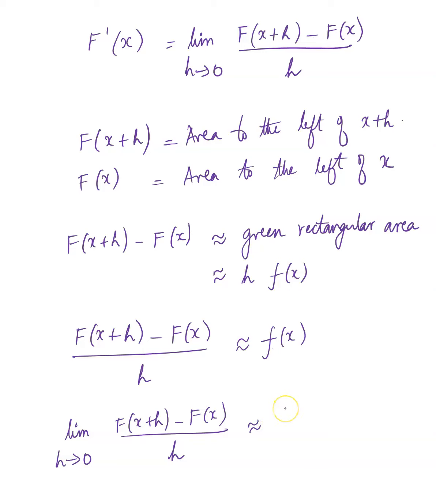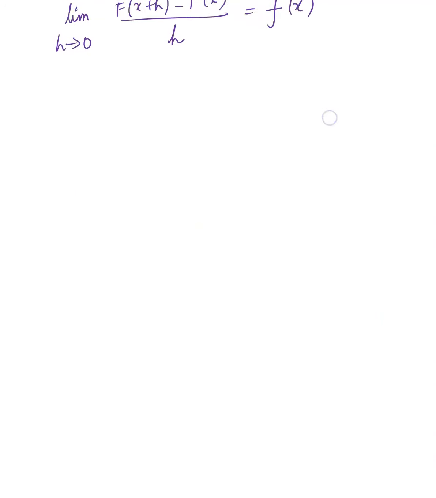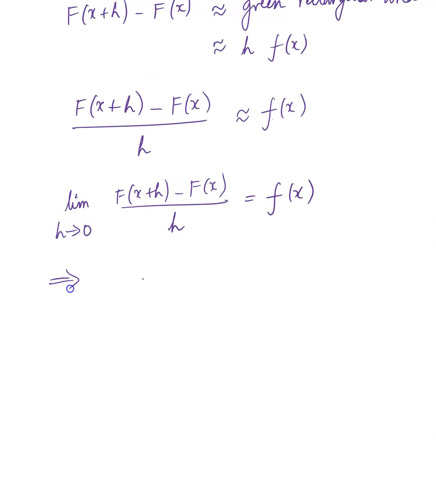So this is equal to, because you apply the limit now, you're removing the h, this will be equal to f of x. Right? But we do know that the limit of capital F of x plus h minus capital F of x over h is capital F prime of x. This implies capital F prime of x is equal to f of x.